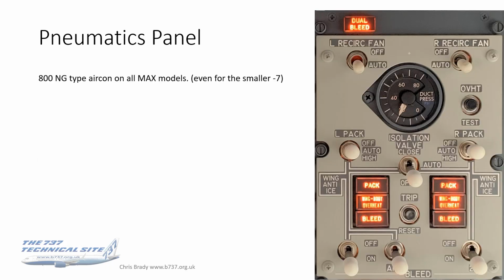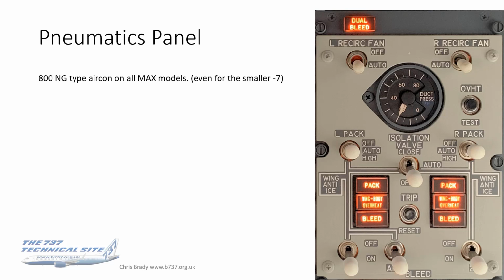The pneumatics panel is the same on all models of the MAX. Those of you who flew the short body previous generations, either the 6-700 on the NG or the 3 and 500 on the classics, will recall the panels were different. There was only a single recirc fan, and it was pack trip off instead of pack, and bleed trip off as well. So there were differences there.